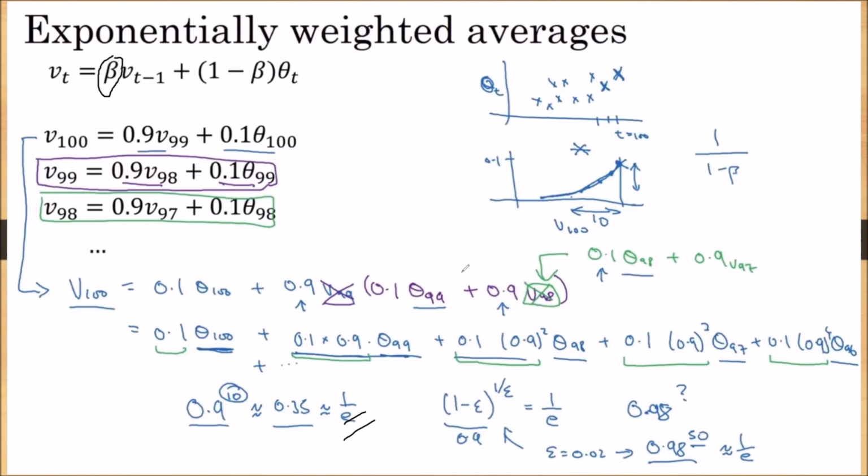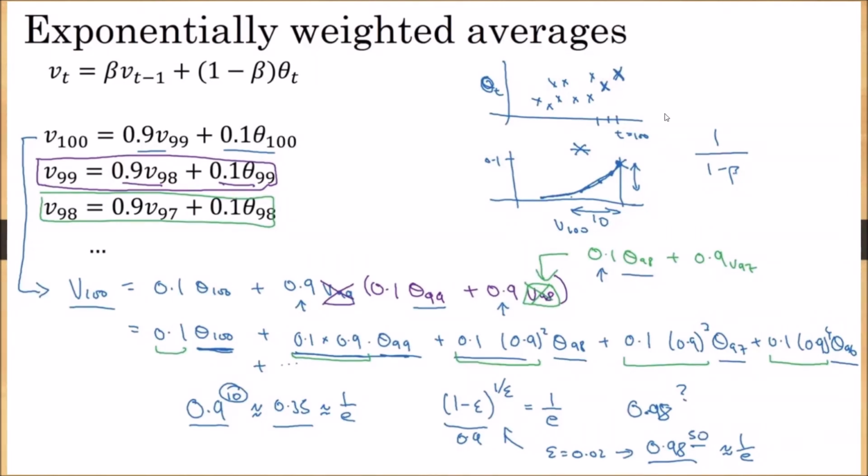If we take the beta value as 0.98, then 0.98 power 50, at the 50th term, exponentially becomes 1 by E. That's why we say if we take beta as 0.98, the same equation can calculate the moving average up to 50 days.